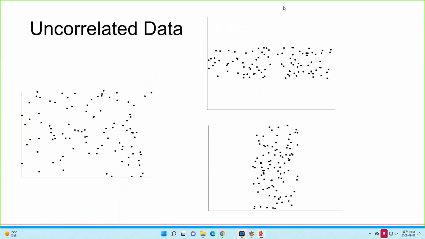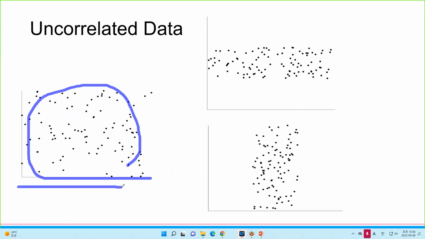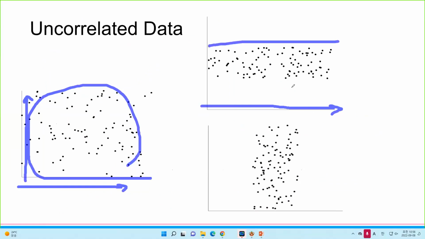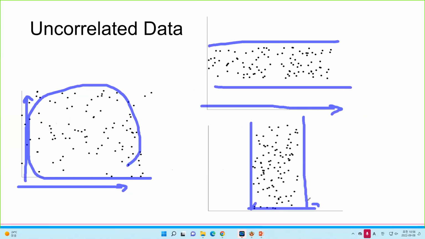This is the uncorrelated data. There is no such pattern that the increment of X will follow the increment of Y. The increment of X just stays in this area, or this area. So there is no correlation between the two data.